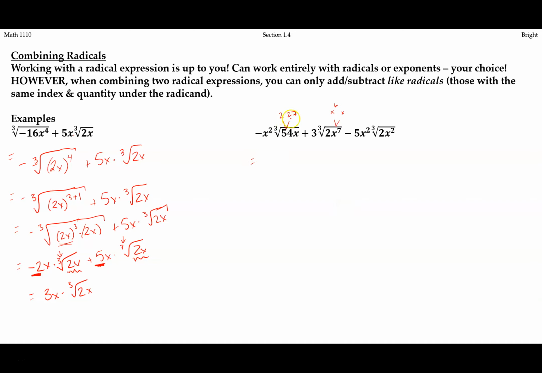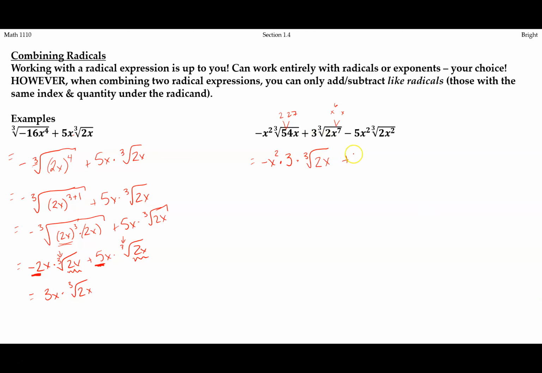The 27 is a perfect cube, so the cube root of that ends up being a 3. That would be coming outside the radical as a multiplication. Then I still have times the cube root of, there's an x underneath there yet. I can't do anything with that. And then there's a 2. That's how the first term simplifies.